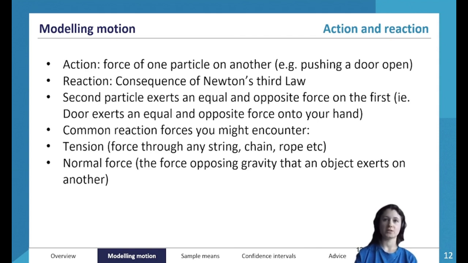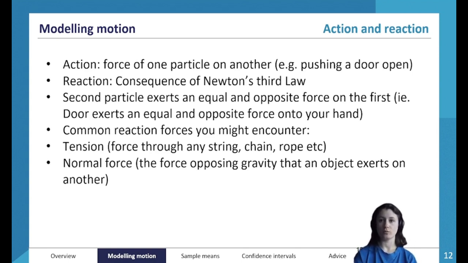So if a question tells you there is 5 newtons of tension, it just means that there's 5 newtons of force, alright? There's no special equation to convert tension to anything else. Tension is just saying that the force is applied through that string or rope or chain, alright? But there's no special formula or anything you need to know there.